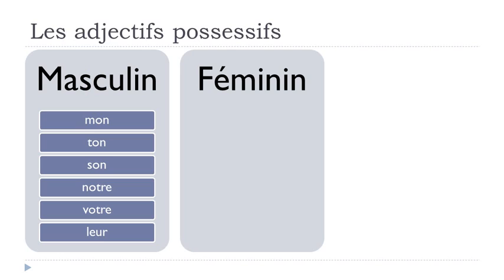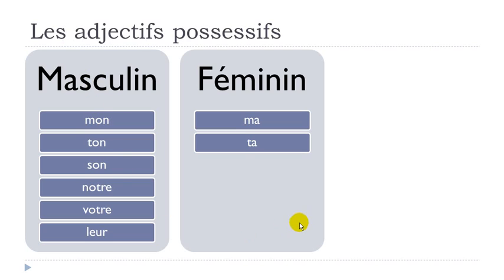So we saw first the masculine form. Let's check the feminine form, and it's ma, ta, sa. So you can see differences, but still, it works like m, t, and then s. So mon, masculine, ma, feminine form, ton, masculine form, ta, feminine form, son, masculine form, sa, feminine form.